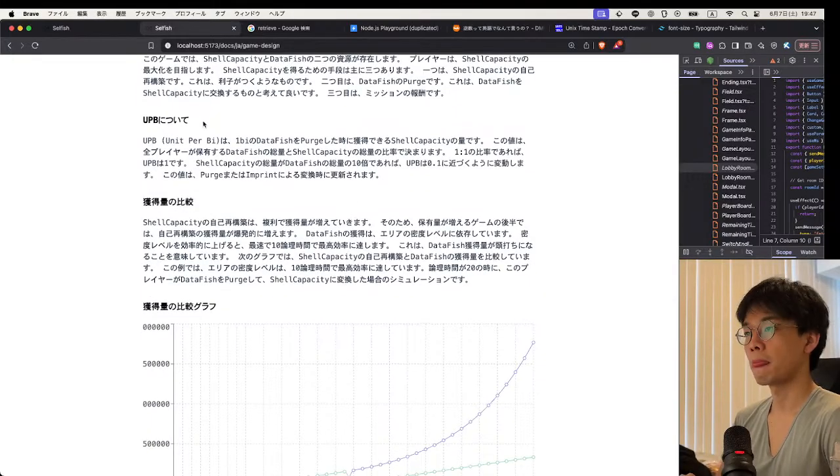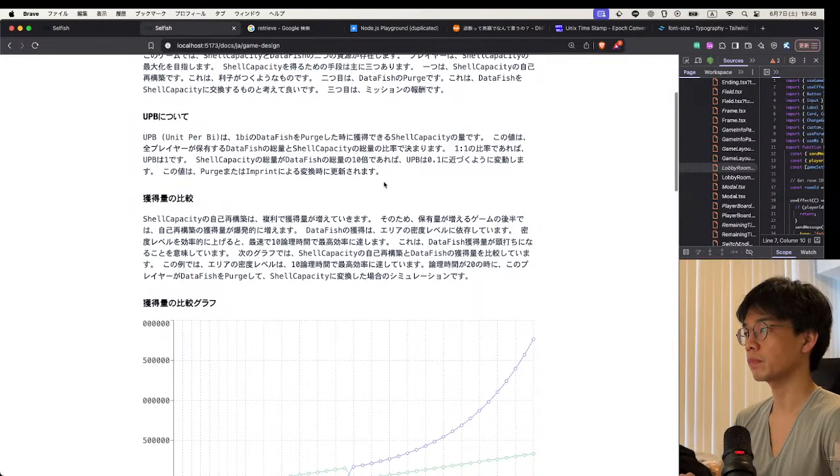About UPB. UPB stands for unit per B, the amount of shell capacity when 1 BI worth of data fish is parsed.